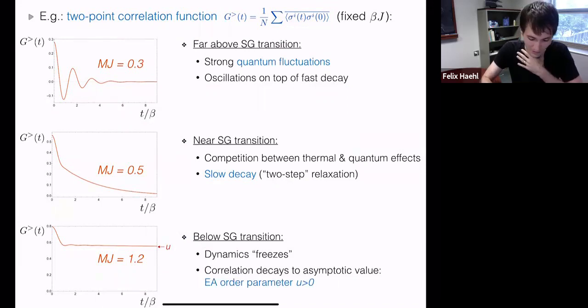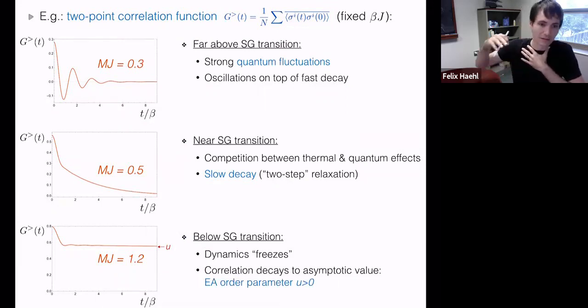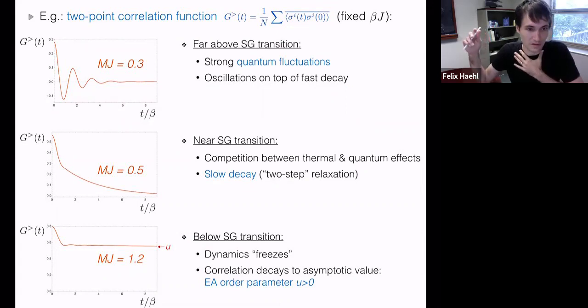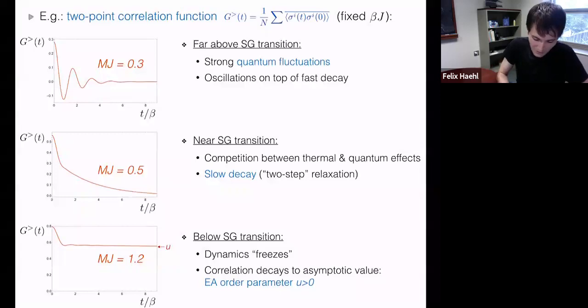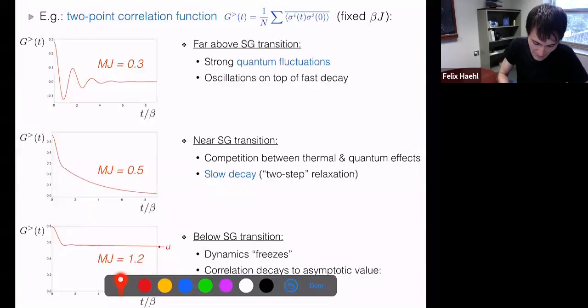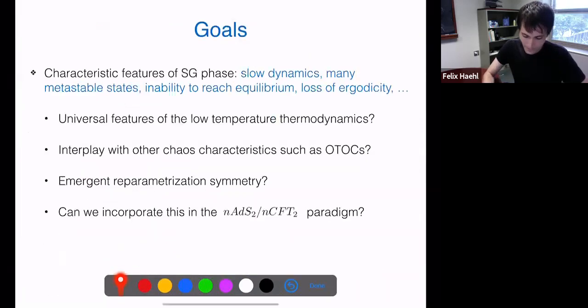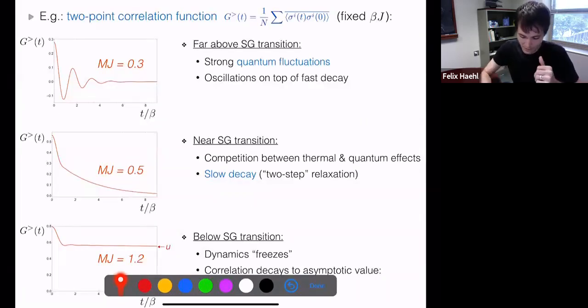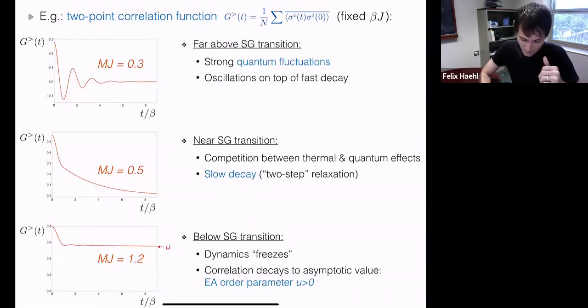If this coupling is small, in the first case, we're still far away from the spin glass transition, and you see this oscillatory behavior, which comes from the strong quantum fluctuations. In the middle picture, we're approaching the spin glass transition, and you see this interesting decay that has some structure, which comes from the competition between the thermal and the quantum effects.